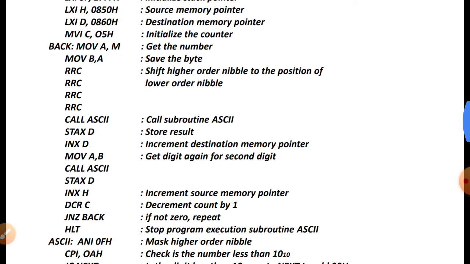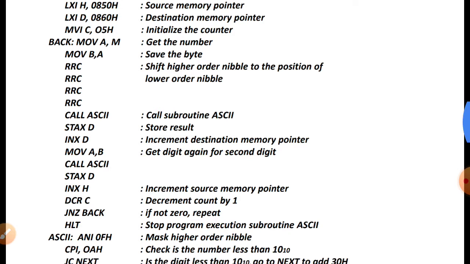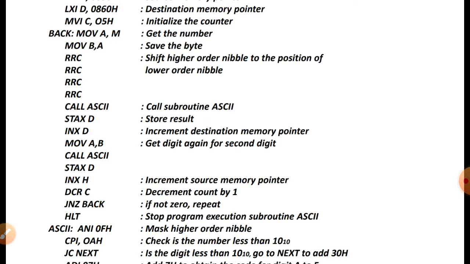After conversion, we have to store the result, so we initialize the DE pair with the destination memory pointer. Since there are 5 8-bit numbers available at memory locations from 0850 onwards, we initialize the counter C register with 05. If there are 4 numbers, then we will initialize it with 4.